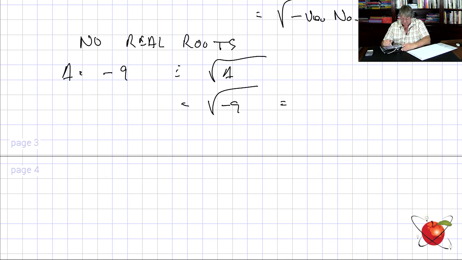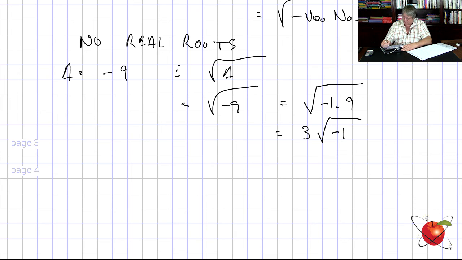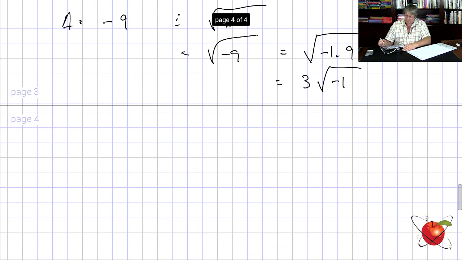Now, we can simplify that because that is the square root of -1 multiplied by 9, which is equal to the square root of 9 is 3, so I can take it out from under the root, 3 times the square root of -1.